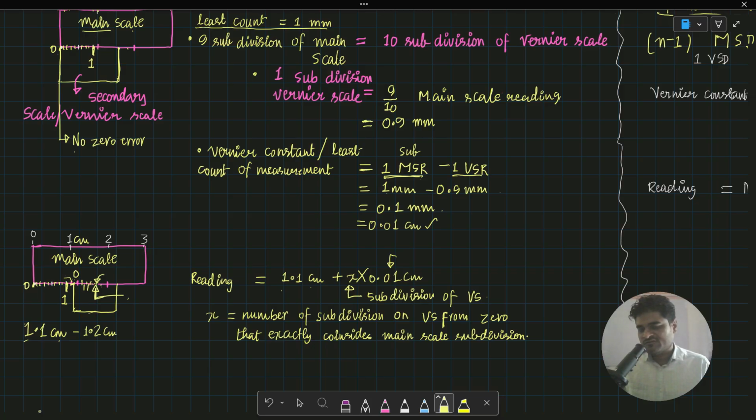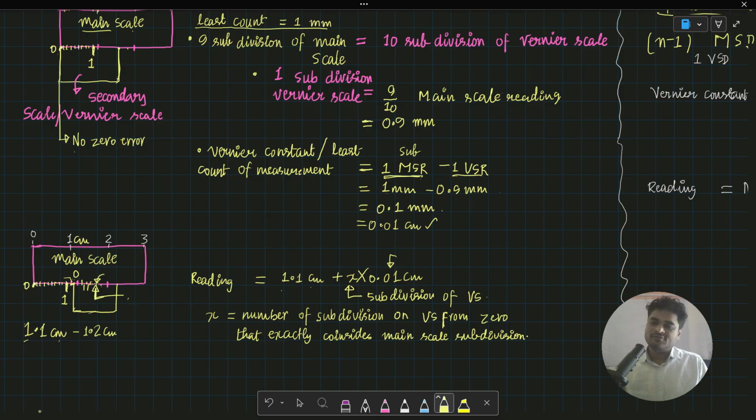Which subdivision of Vernier calipers exactly matches with a subdivision of main scale, and we count that, and that count is x. So x is the number of subdivisions on Vernier scale that exactly match with the main scale subdivision, and we multiply it with the least count of the scale, and so we'll get a reading.